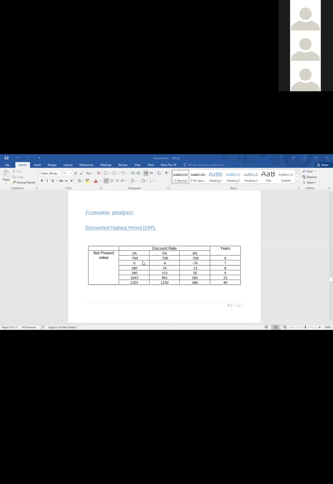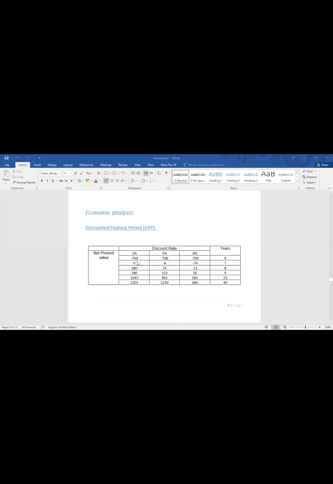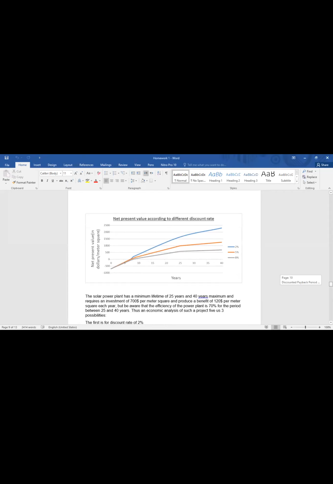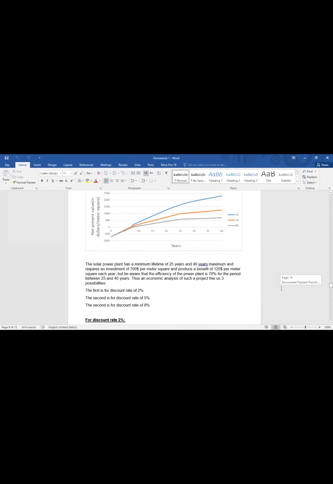Yes, okay, as we said, we have 3 options: 2%, 5%, and 8% discount rate. For each one we can see the net present value in this table and the number of years to reach this net present value. This graph also represents the net present value of the 3 options.